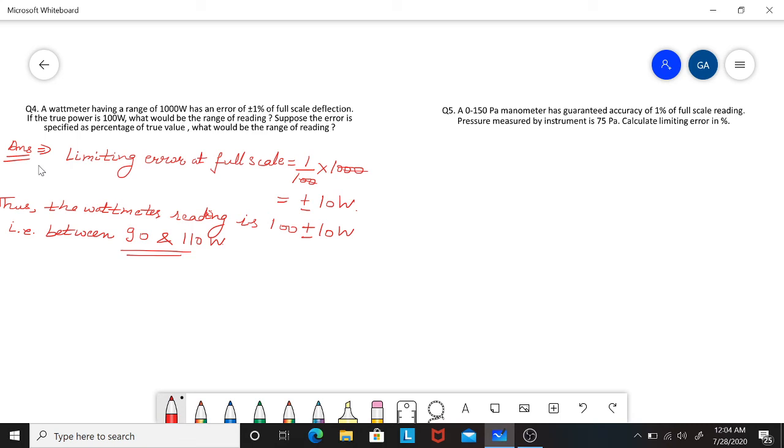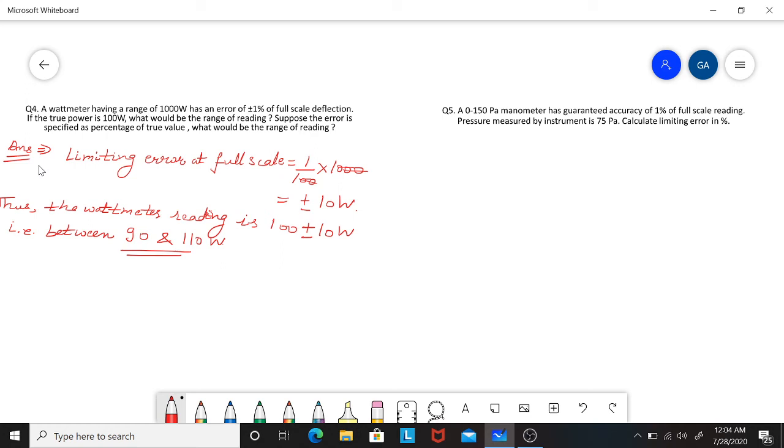Limiting error at full scale is 1% into 1000, so we'll get 10 watts. So the wattmeter reading is represented with the limiting value 100 ± 10 watt, that means between 90 and 110 watt.